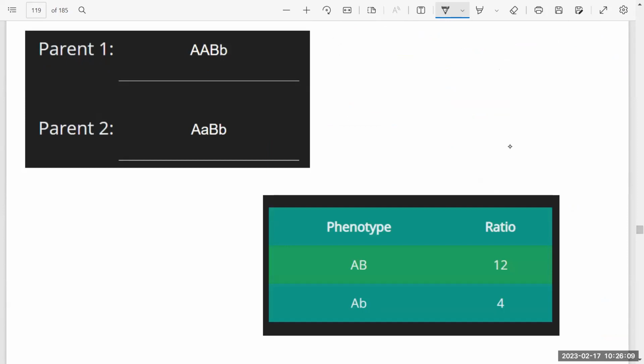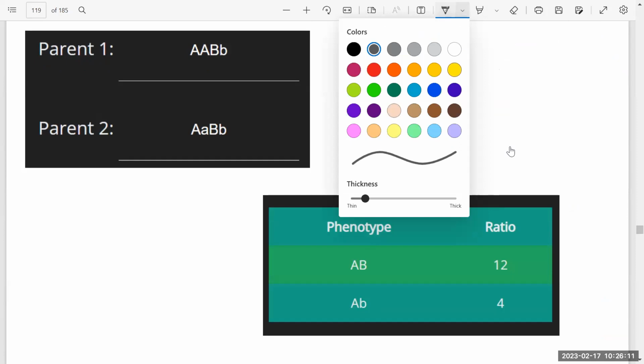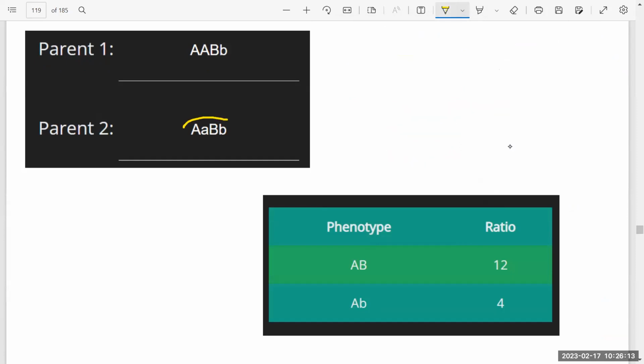We still keep the heterozygous combination in one, and the other one changes to capital A, capital A. Then the phenotypes are 12:4. So we try to remember that other than the 9:3:3:1 ratio, there is a 12:4 ratio.